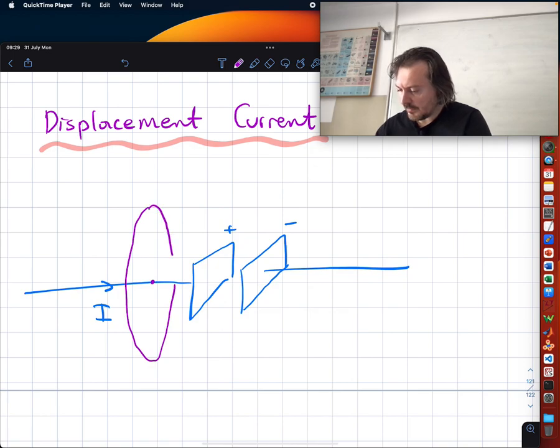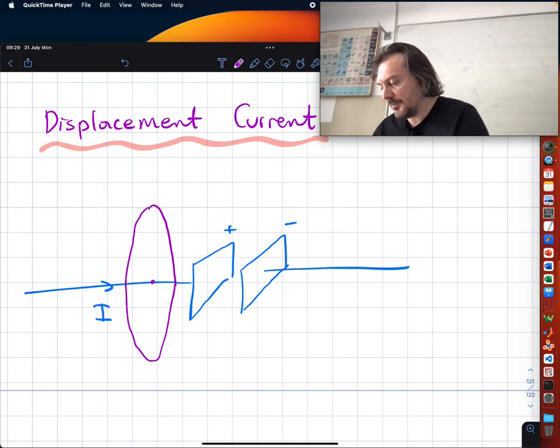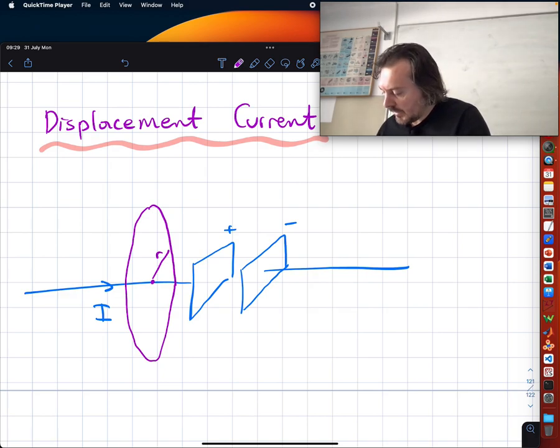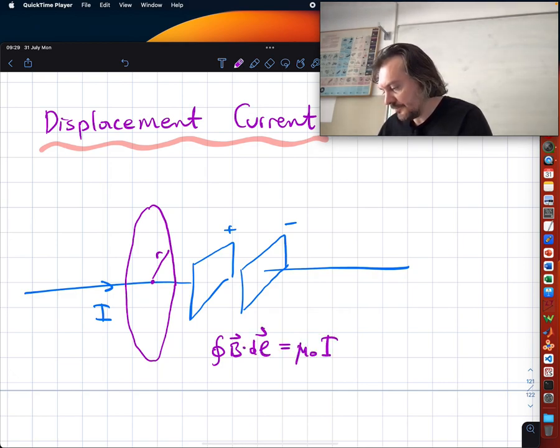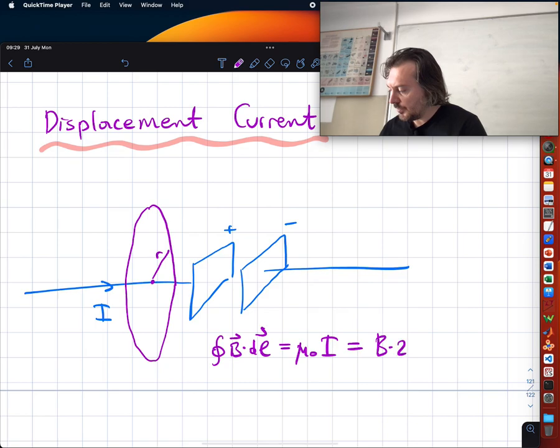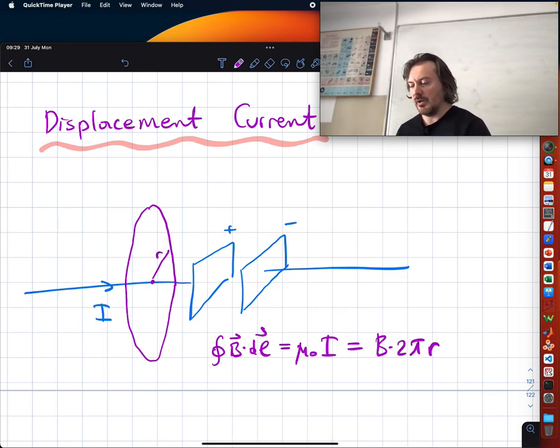At a distance r over here, I can say that the integral of B dot dl is mu 0 I. Do you agree with this? Which tells us that B times 2 pi r equals mu 0 I.